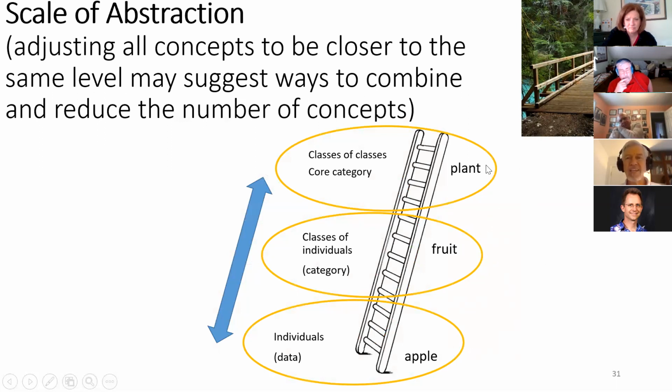If you want to go to a higher level of abstraction, you can take all the apples and combine them with all the fruits, so that you only have the very highest level of abstraction. That would be the simplest. Or you can look at moving the plants into a lower level of abstraction, more concrete, and apples into a higher level of abstraction, so you try to get everything focused around the middle.